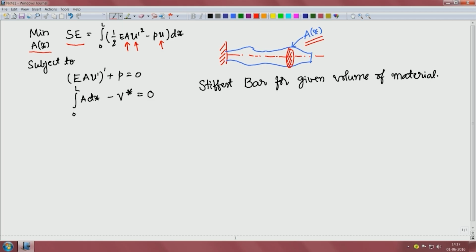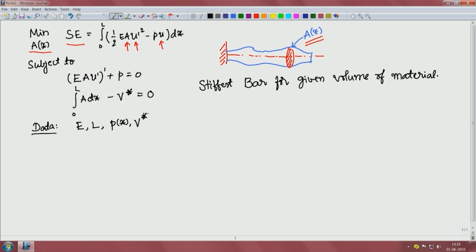And again let us remind ourselves what is data here, what is given and what we need to find. What is given: Young's modulus of the material, length of the bar, and the loading P of x, which can be any function that varies with x, and also V star, the amount of material.